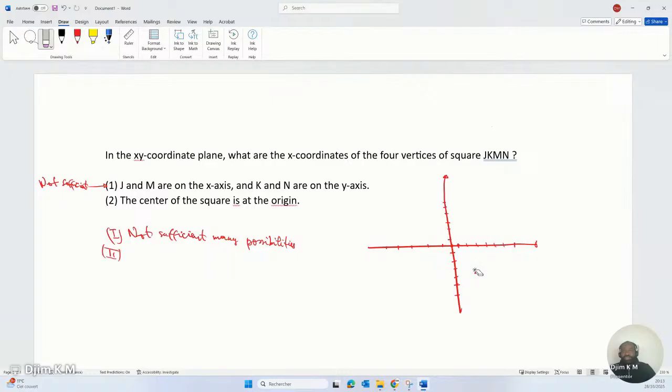So the second condition is not sufficient, because of many possible coordinates for the vertices.